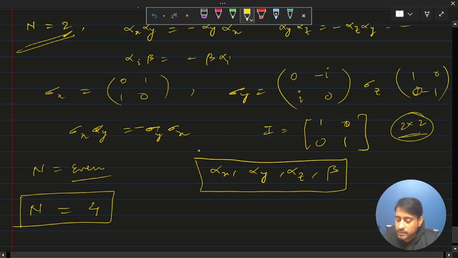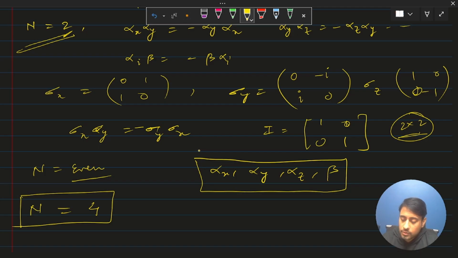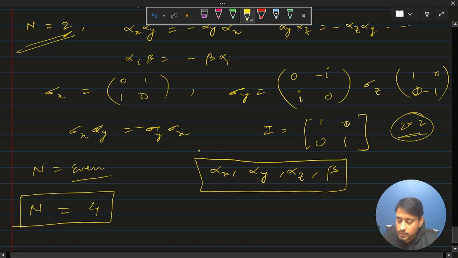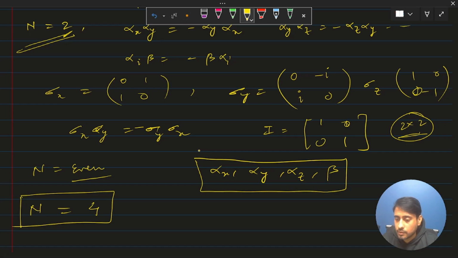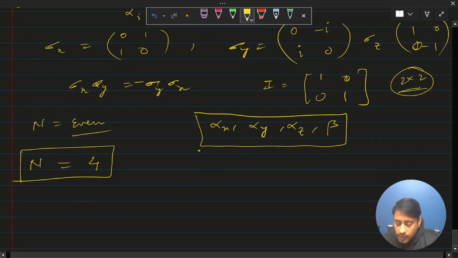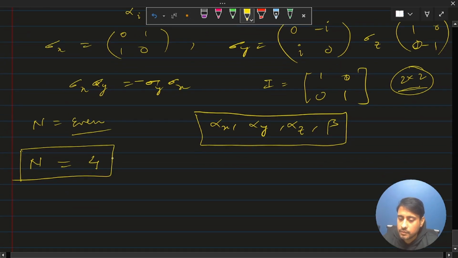For n equal to 2 we have only 3, so this will not work. n equal to 3 is not possible because n should be even, so the minimum value becomes n equals 4.